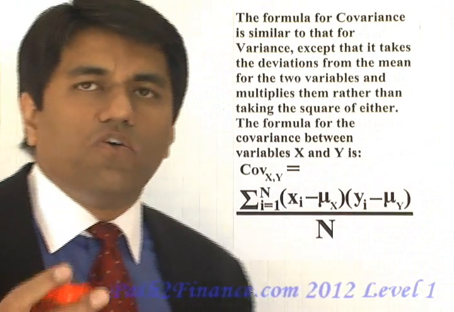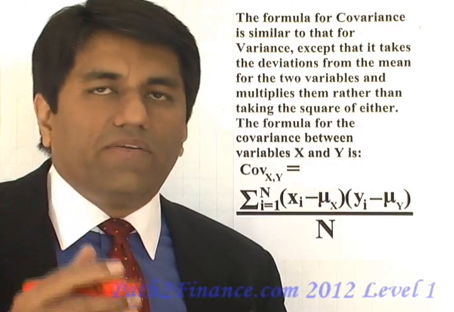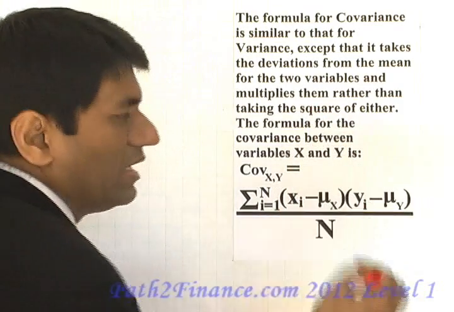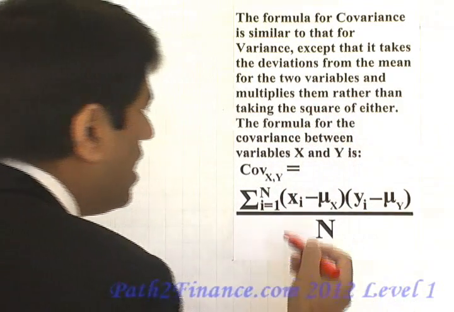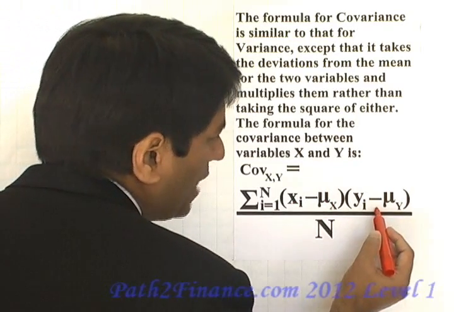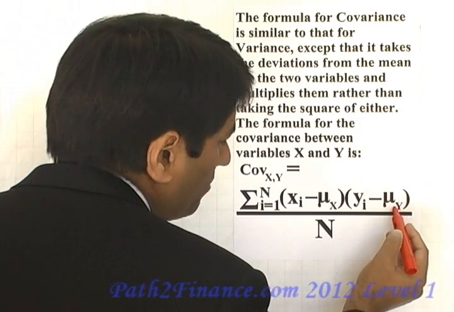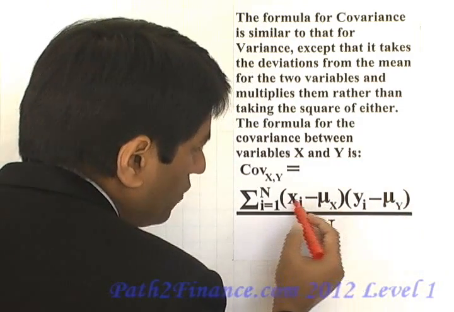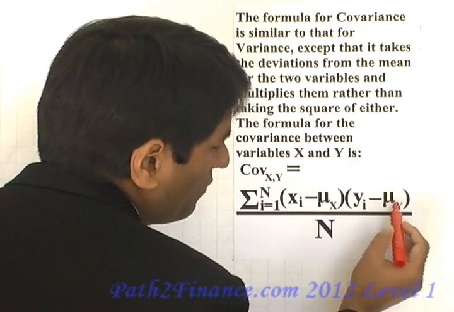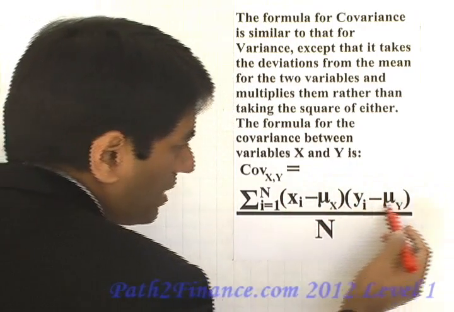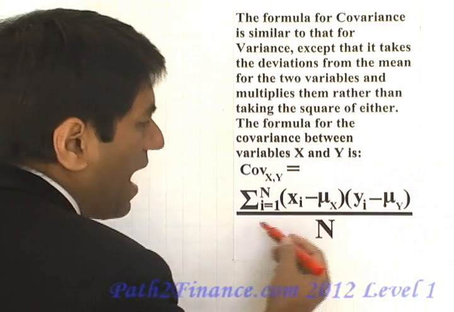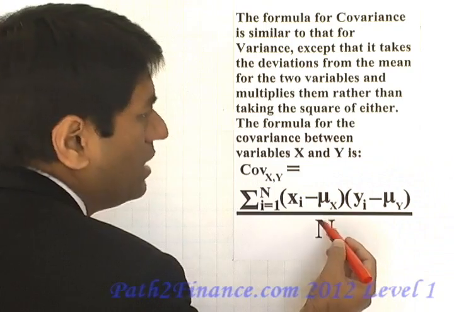The formula for covariance is similar to the formula for variance, but instead of having the squared deviations from the mean, we have the deviation of the first variable from the mean multiplied by the deviation of the second variable from the mean. So the first variable x from the mean of x multiplied by the second variable y from the mean of y, and we sum this for all the data points and then divide by the size.